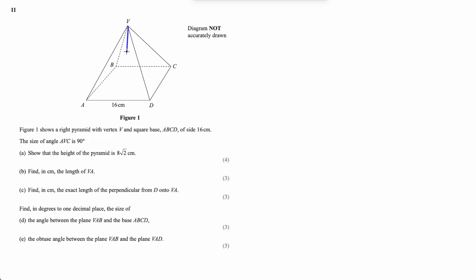This is the height which we have straight down to the middle, and this would be a right angle triangle here. The angle he's looking for is this one here.